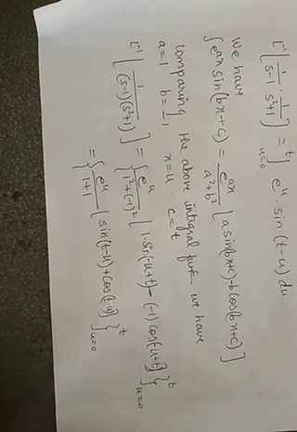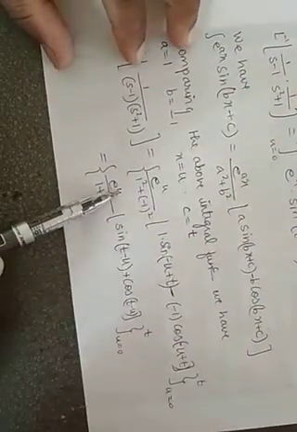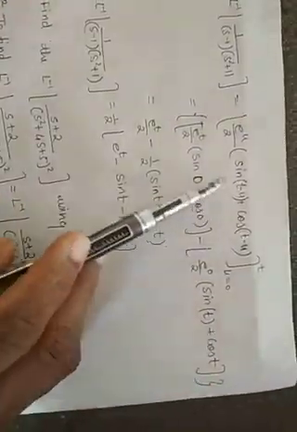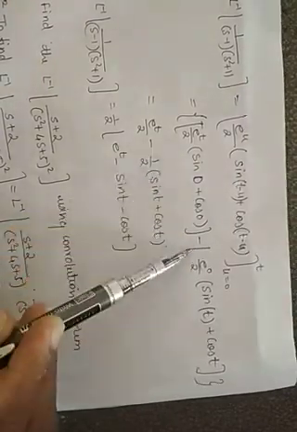Now we have to substitute the limits. The upper limit is t and the lower limit is 0. So here e raised to t upon 2. T minus t is 0, so sin 0 plus cos 0. This is the upper limit minus the lower limit.